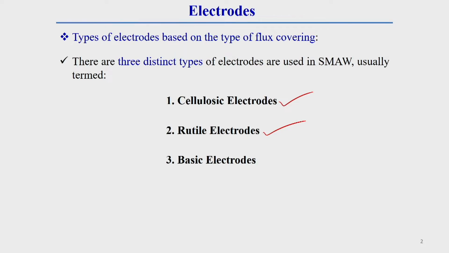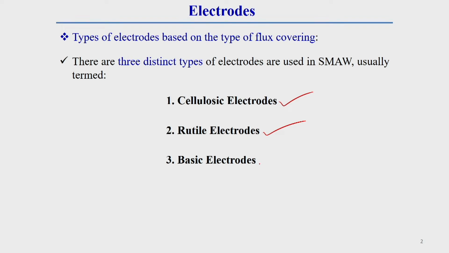So, the third category of electrode: cellulosic and rutile electrodes have some drawbacks, or we can say some features which are required for some other welding purposes that we are not getting. That is why another electrode was developed. One of them is the basic electrode.